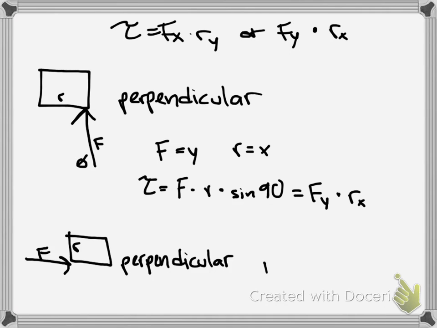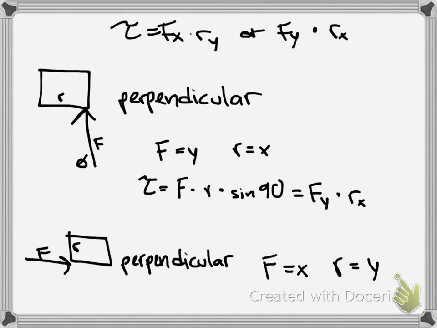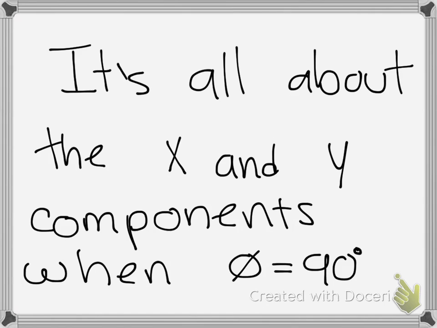The F would be the x, and the R would be the y. So this means that in this case, torque is equal to F times R times sine 90, which in this case is Fx times Ry.